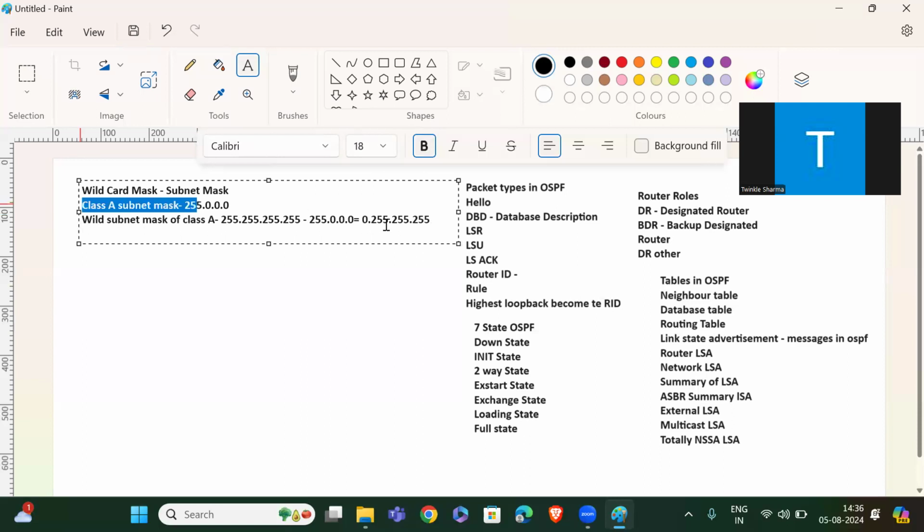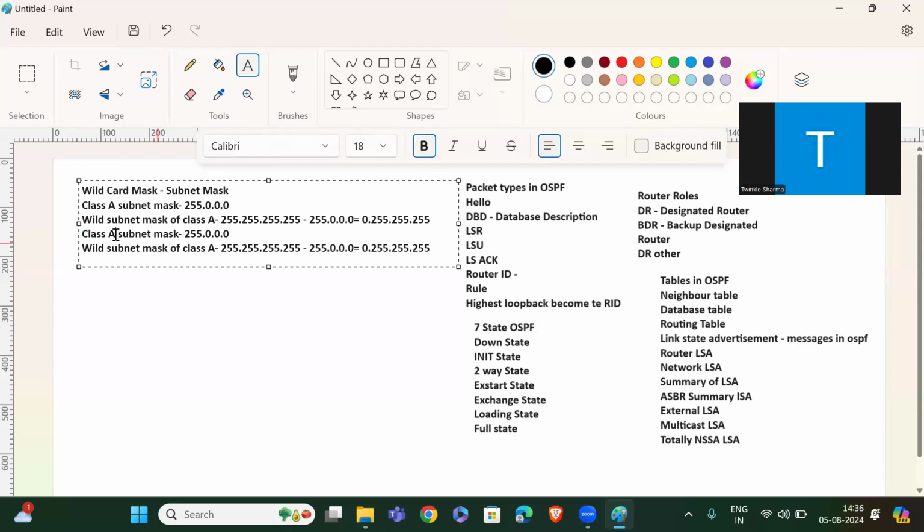And what is the class B subnet mask? Class B subnet mask is 255.255.0.0, and the wildcard mask of class B is 255.255.255.255 minus 255.255.0.0. So the wildcard mask is 0.0.255.255.